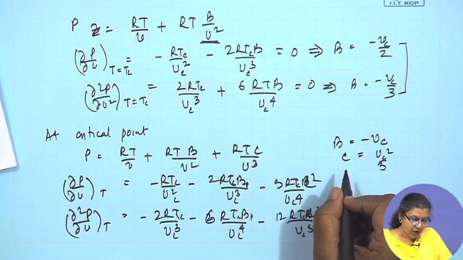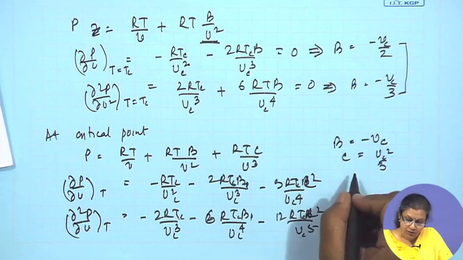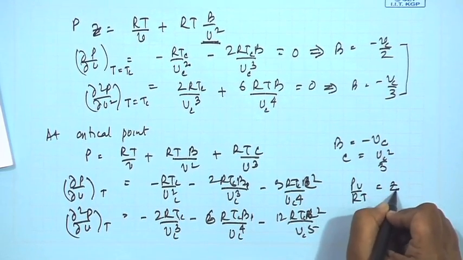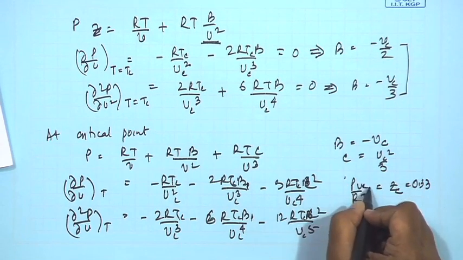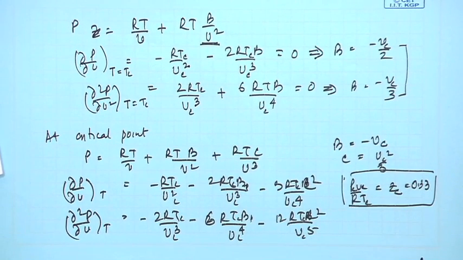So for the critical isotherm, if we substitute these two values, we find that PV by RT, which is nothing but Zc, reduces to 0.33, PcVc by R reduces to 0.33 at the critical point. So from here, what do we deduce?